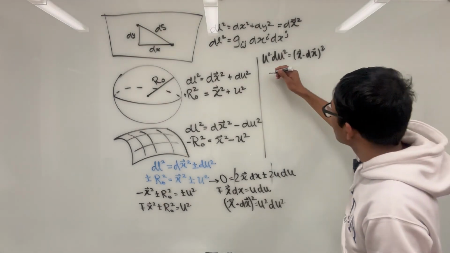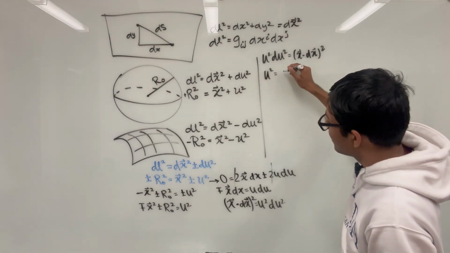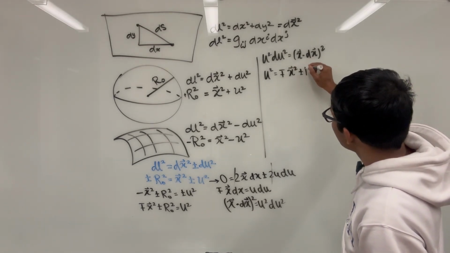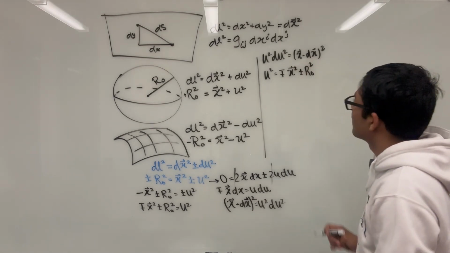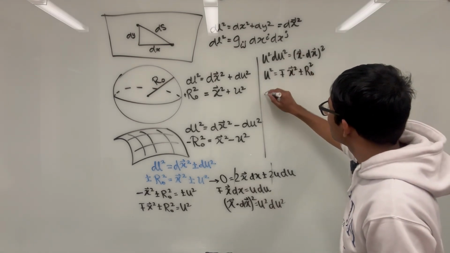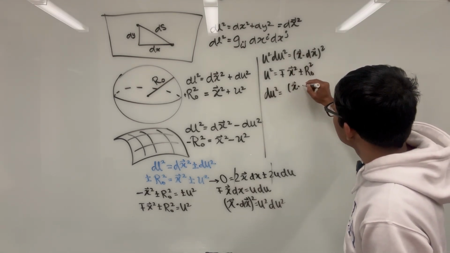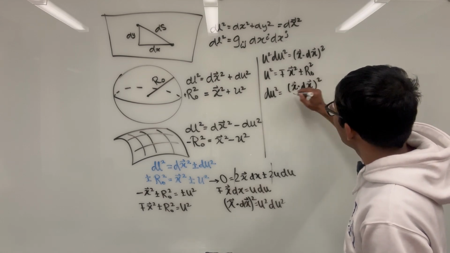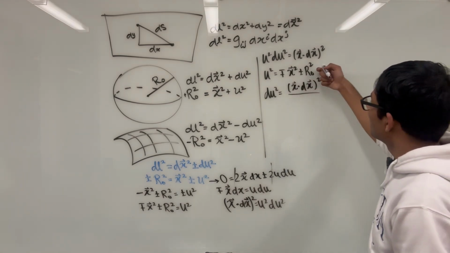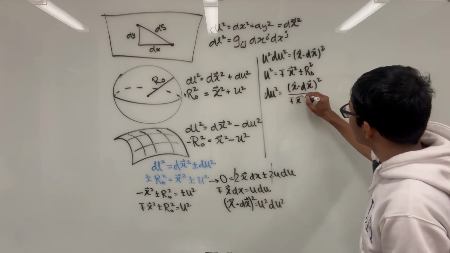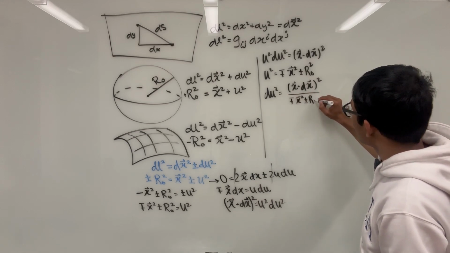And then we also have the condition that u squared itself is minus plus x squared plus minus r naught squared, okay? So now I can solve for du squared here and find that du squared is x dot dx squared divided by u squared, which is this, and that is simply minus plus x squared plus minus r naught squared.